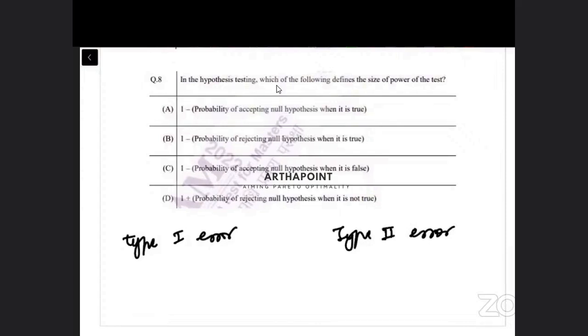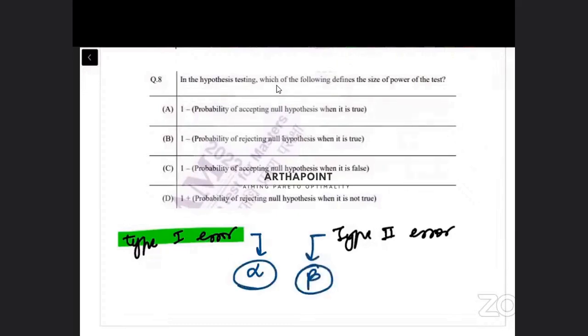Type 1 error is basically alpha, and type 2 error is basically beta. We have learned about both of these things.